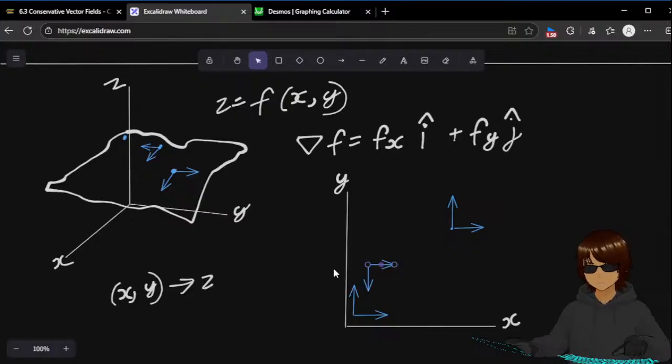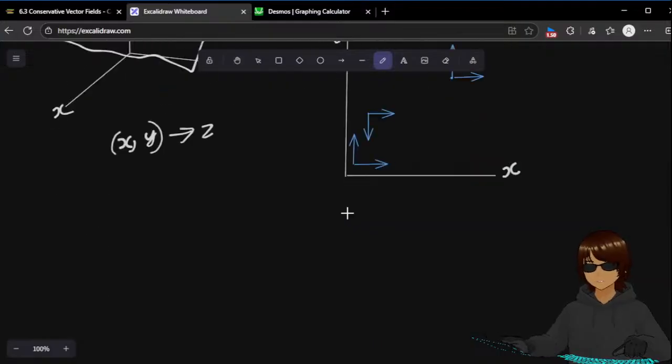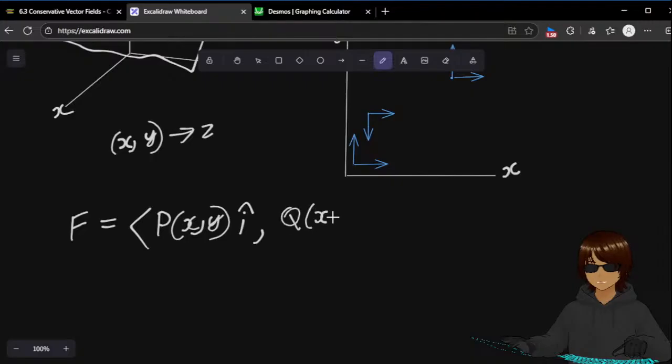All right. So where was I going with this? Yeah. This f is sometimes represented with a different function called the vector field function. A vector field function is defined by two equations, P(x, y) i and Q(x, y) j.